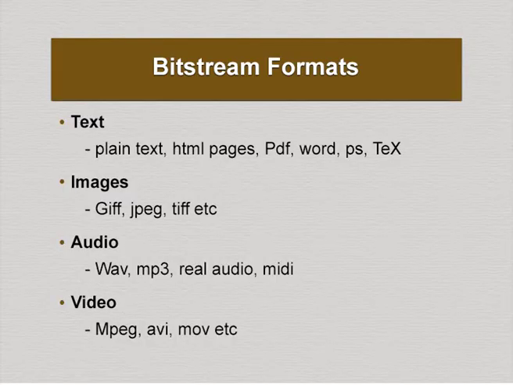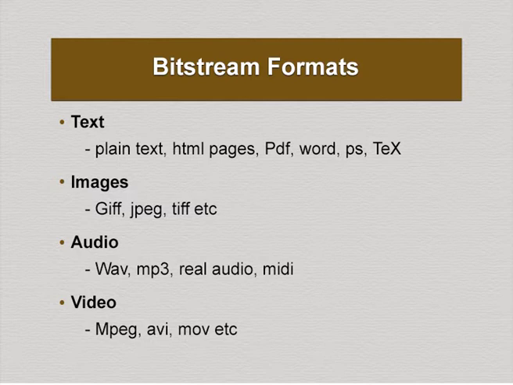Then bitstream formats, of course. When we were dealing with digitization, we dealt with bitstream formats. Bitstreams in a digital repository can make it a multimedia repository. The files can be text files, a plain text file or an HTML file or PDF, Word, PostScript file or a TeX file. And the images can be GIF, JPEG, TIFF, PNG, there are many image formats.